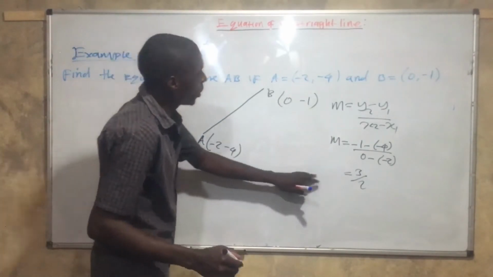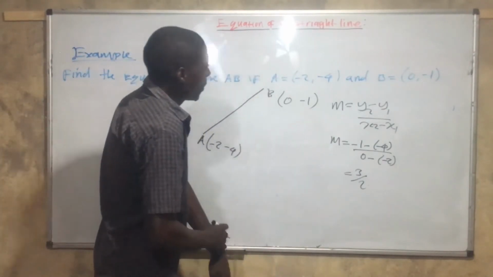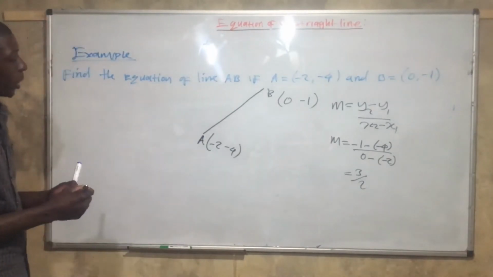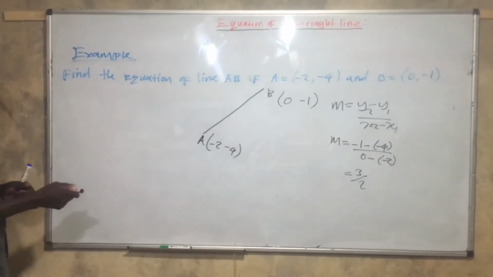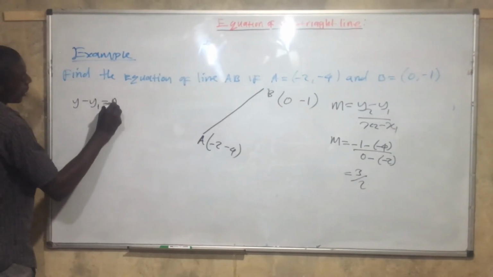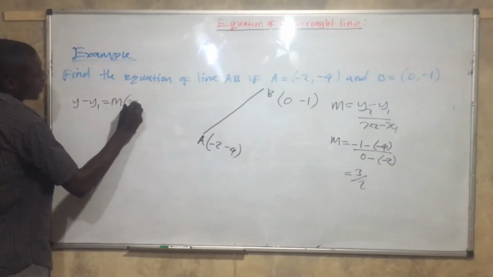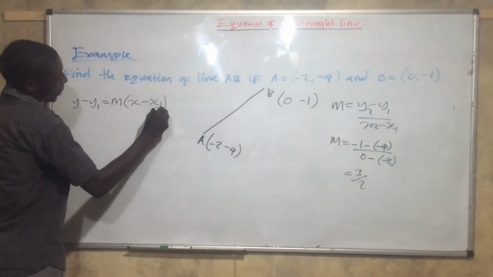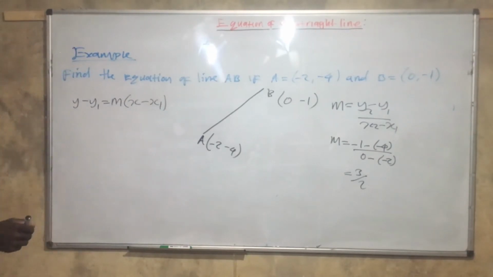Since now we know the gradient of line AB, we are going to use the formula y minus y1 is equal to m open bracket x minus x1. This is the formula for finding the equation.